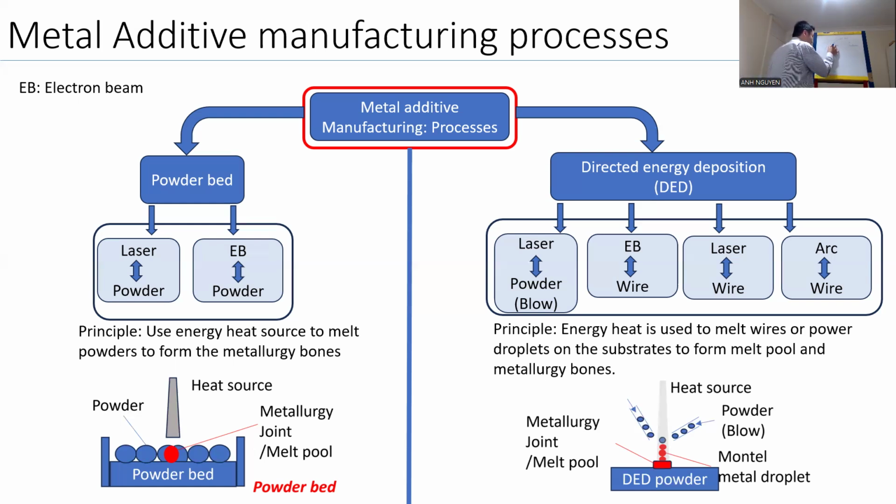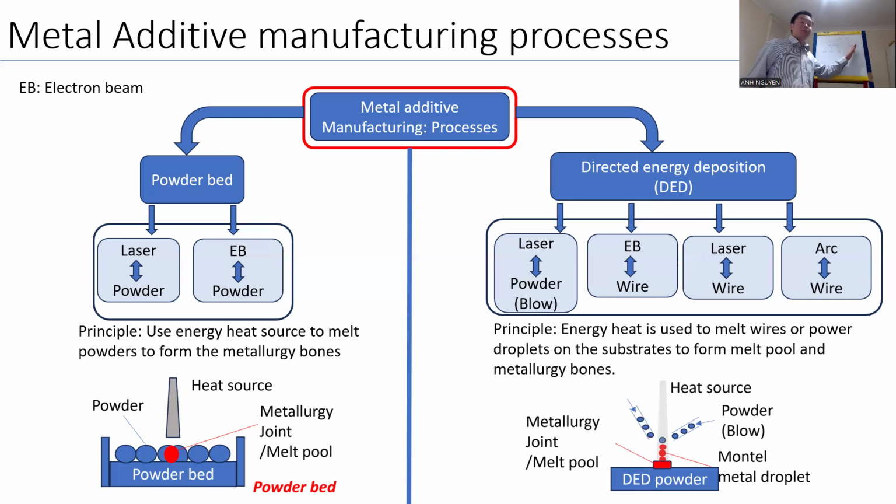So please tell me, what kind of heat source can we use for metal AM? We have three kinds of heat source: the laser heat source, next the arc heat source, and next the electron beam heat source.